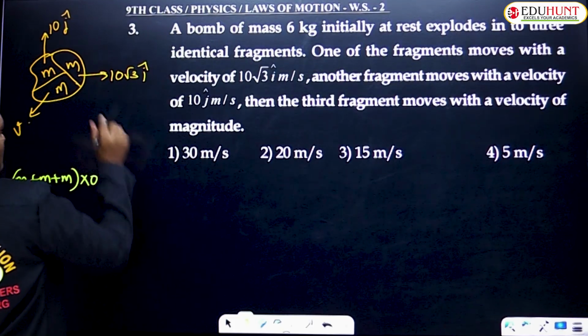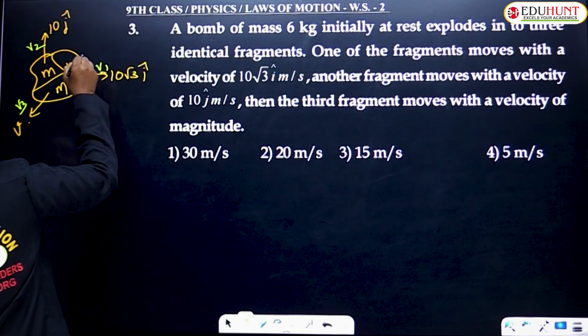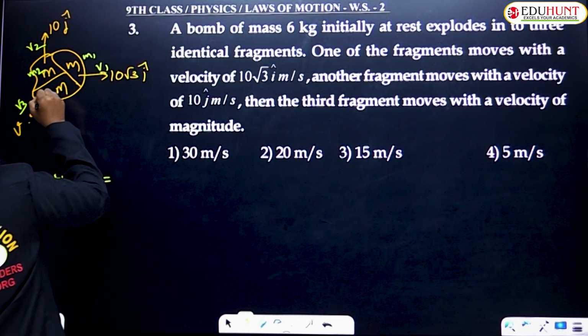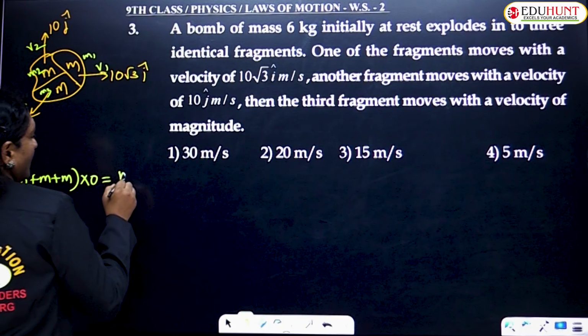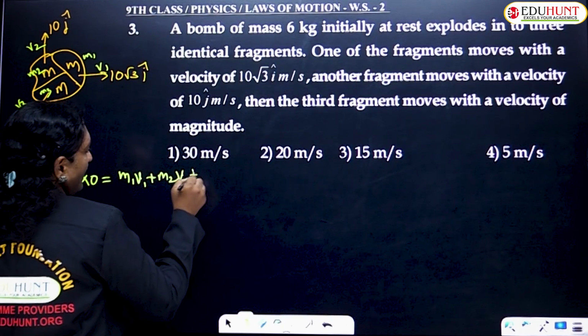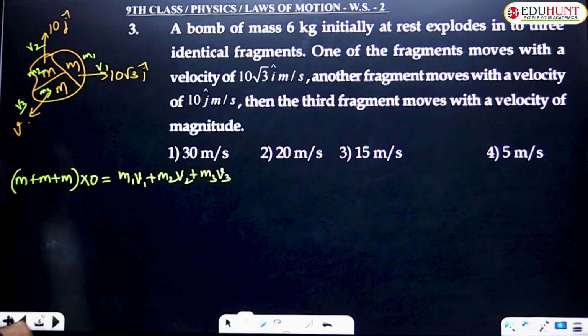I'll write it like this: V1, V2 and V3, and M1, M2 and M3. M1 moves with speed V1, M2 with speed V2, and M3 with speed V3, which you are asked to find out.